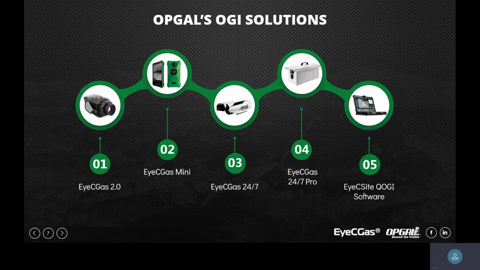On the 24/7, we are now developing two cameras. EYECGAG 24/7 is an uncooled camera for methane. And the EYECGAG 24/7 Pro is the cooled camera, essentially for methane and hydrocarbons. It's the same technology as our portable, but it's designed mostly for long range.